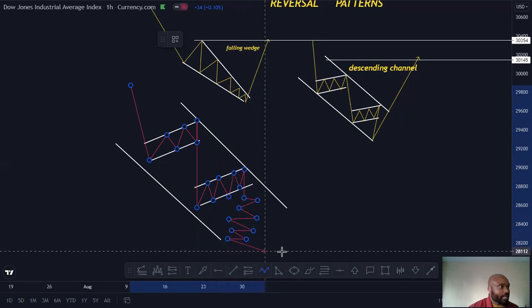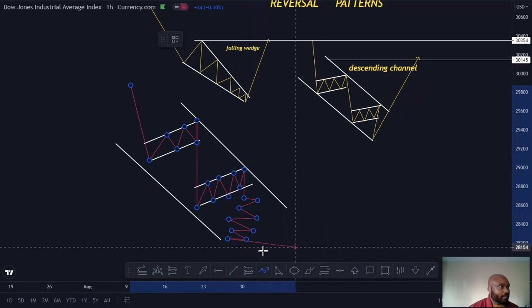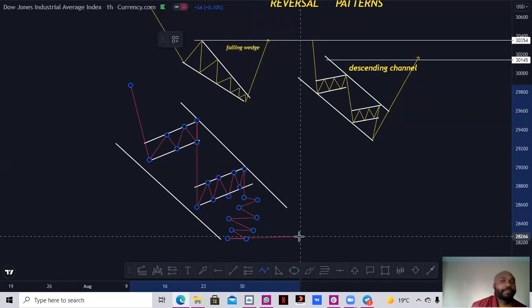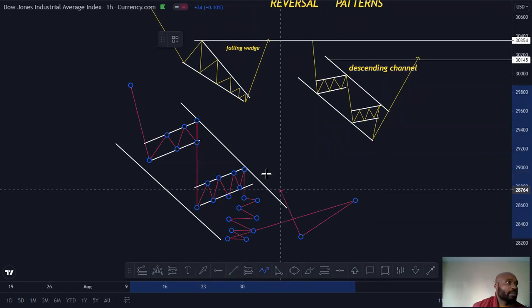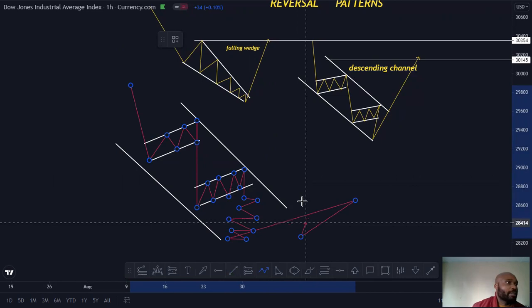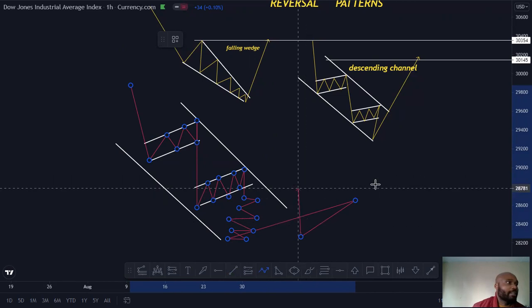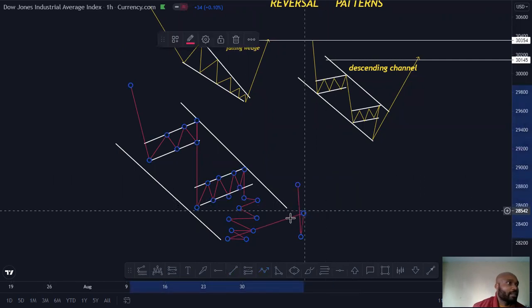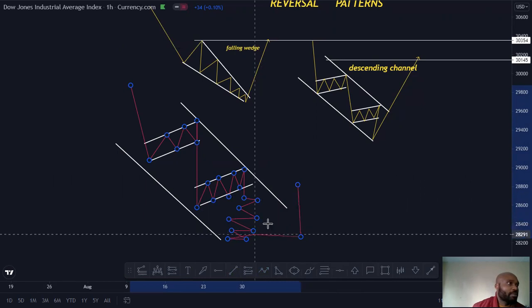That's what we'll be looking for, guys, there, okay?